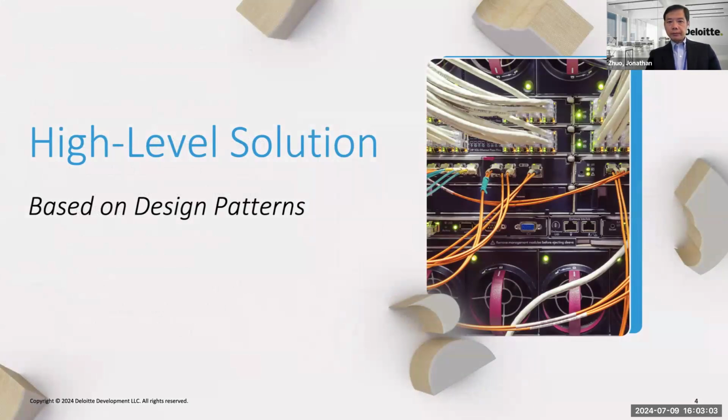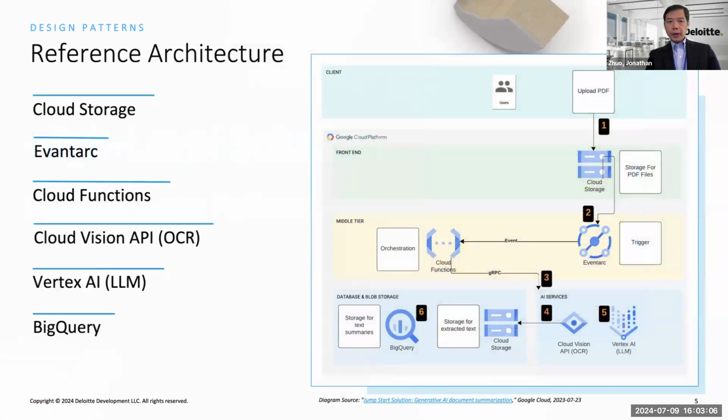Here's the high-level solution. I'm going to walk you through a reference architecture from the runtime perspective. Let's say people upload a PDF file directly to the cloud storage bucket. This upload triggers Eventarc to begin the document processing phase, and this phase is handled by Cloud Functions. Cloud Functions plays the role of orchestrator.